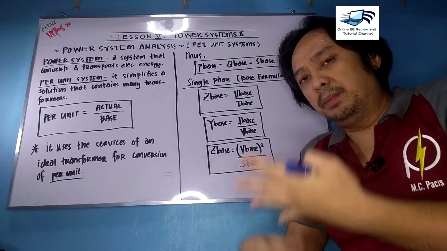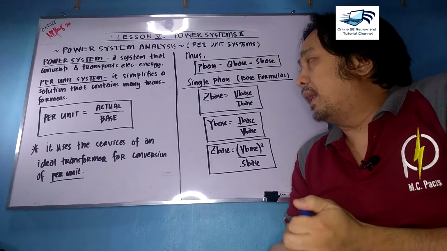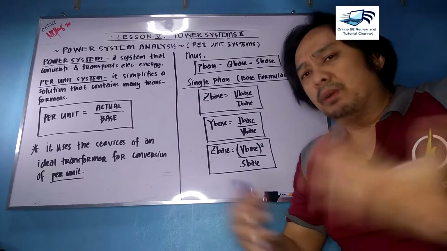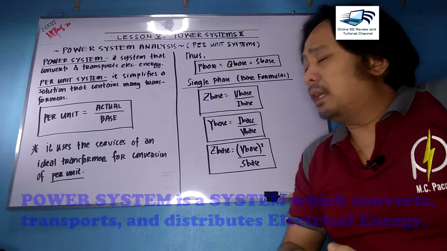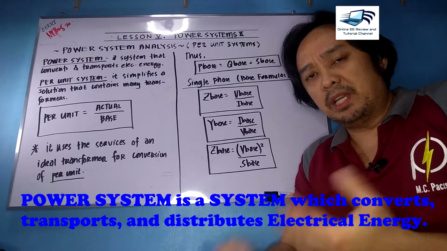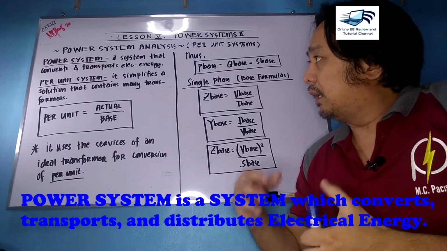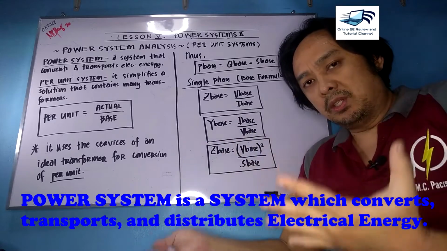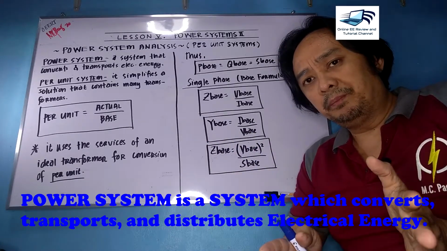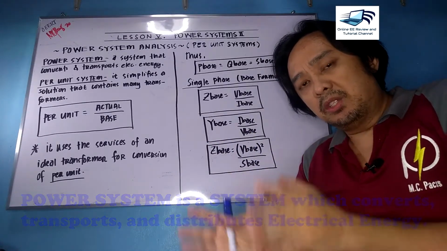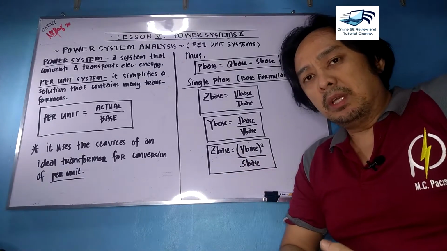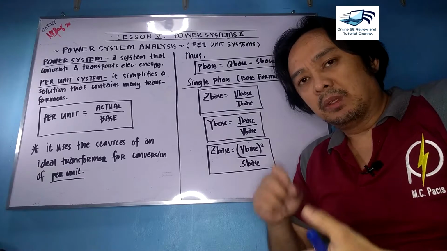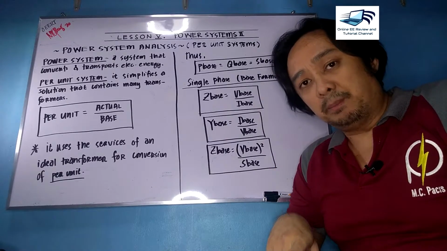Before anything else, we need to know what a power system is all about. We already described power system analysis and its application. So what is a power system, by definition? It is a system that converts electrical energy and transports electrical energy. It is a whole system that has generation, transmission, distribution, and utilization, so that electrical energy can come to you with reliability and sufficient power quality.